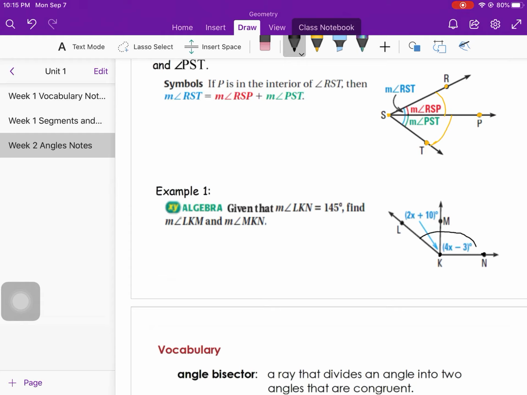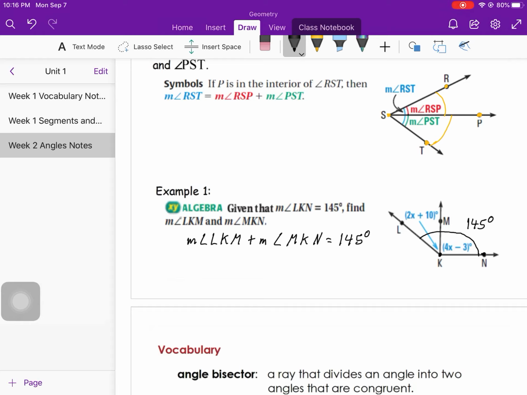So what we can say is the measure of LKM plus the measure of angle MKN is equal to 145 degrees, because that's what the total LKN is.